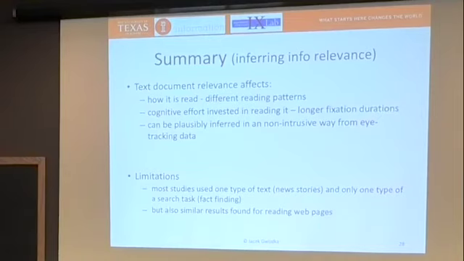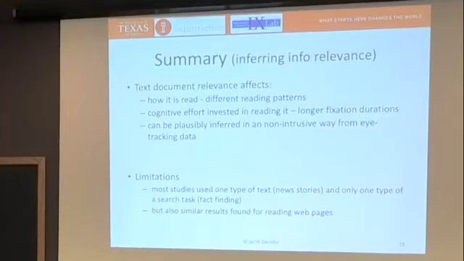I have also done experiments on more open-ended documents where people were free to search on the web anywhere they wanted on a given topic. And similar relationships were found, especially in terms of pupil dilation in the couple of seconds before they make a decision that the document is relevant.